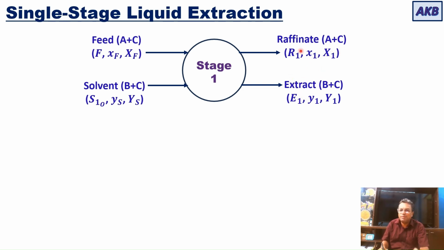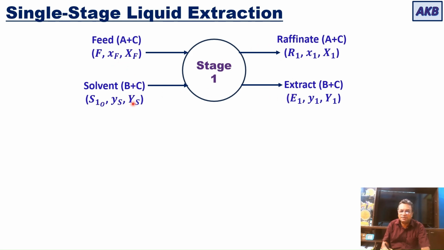All A will remain in the raffinate phase, and all B will remain in the extract phase. That is the different thing that you have to note for this operation, because that is going to change the way we analyze the operation. Okay, so in a single stage operation, feed is contacted with solvent to produce raffinate and extract phase.